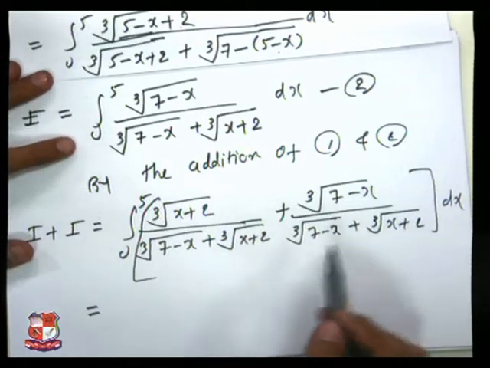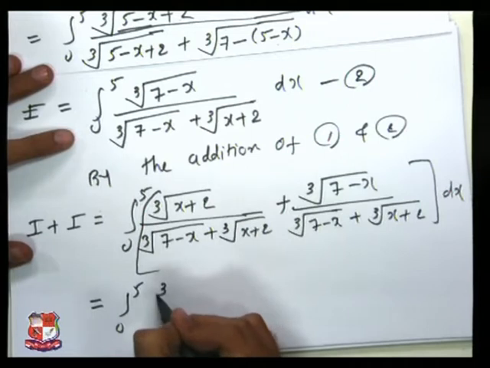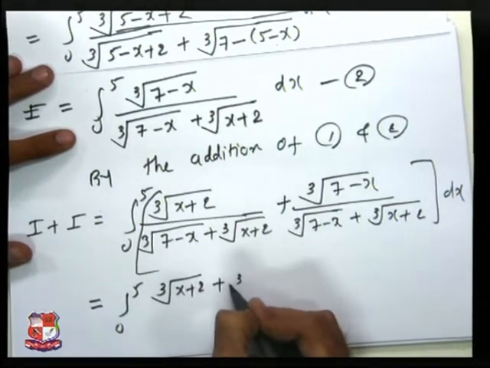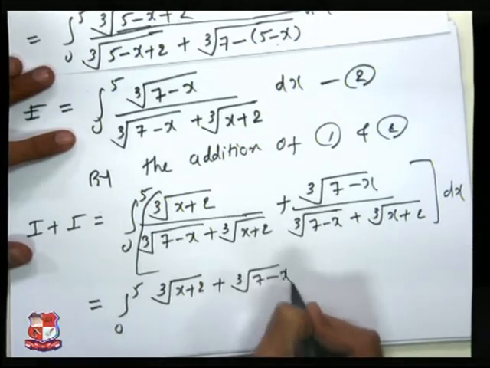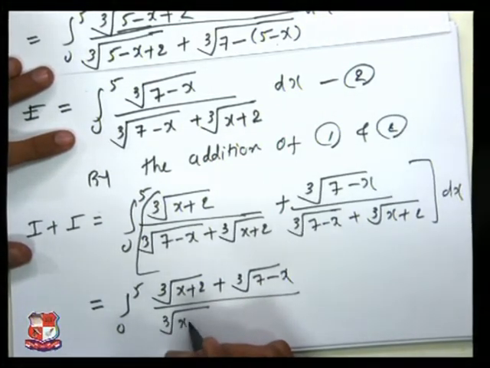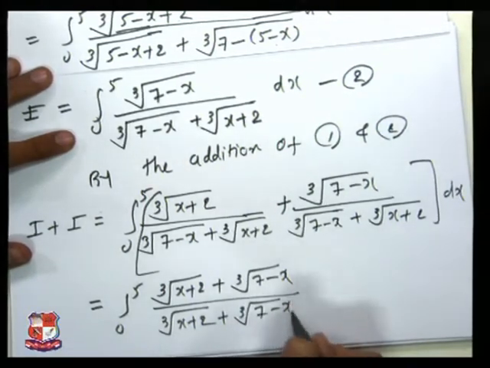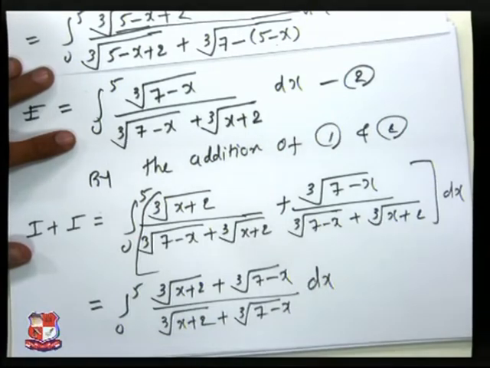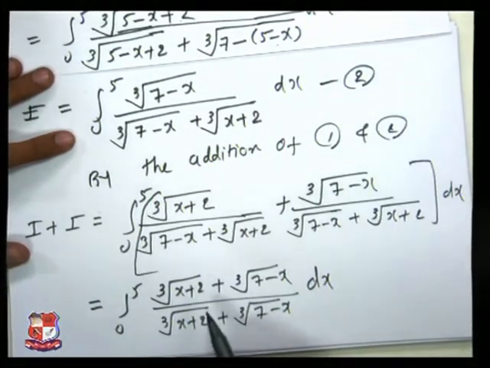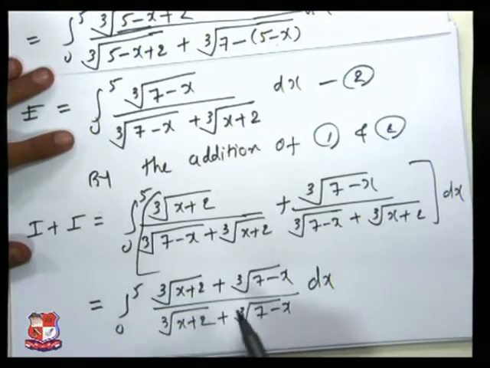So we will get the integral from 0 to 5 of (cube root of x+2 plus cube root of 7−x) upon (cube root of x+2 plus cube root of 7−x) dx, and that is equal to, we know that both the numerator and denominator are equal, so we will get the integral from 0 to 5 of 1 dx.